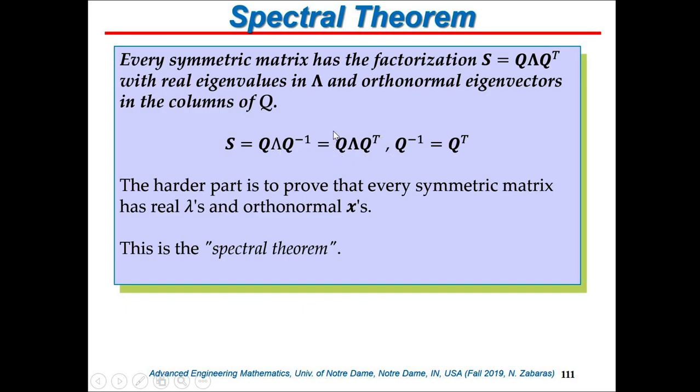If you take the columns of capital Q to be q1 to qn, and the eigenvalues to be the diagonal matrix lambda 1 to lambda n, you can write this matrix as lambda 1 q1 q1 transpose plus lambda 2 q2 q2 transpose, etc. And effectively, that's what we refer to as a spectral decomposition.